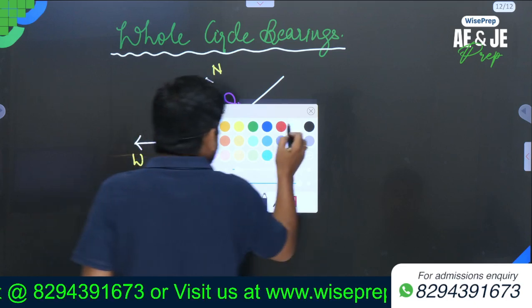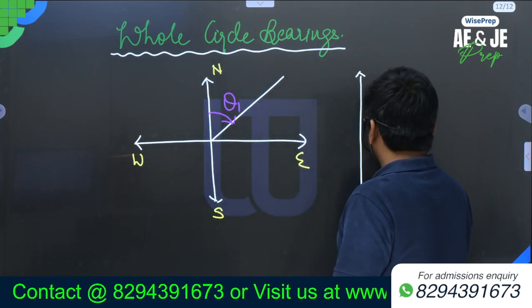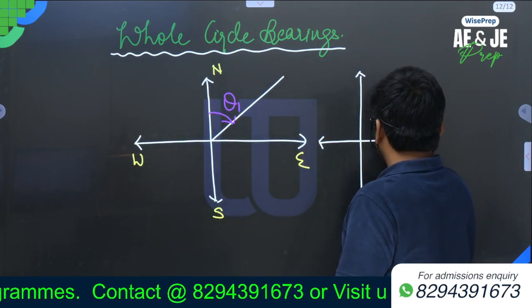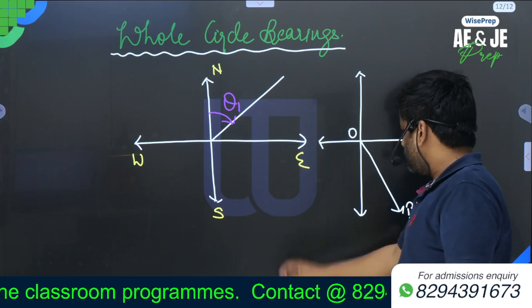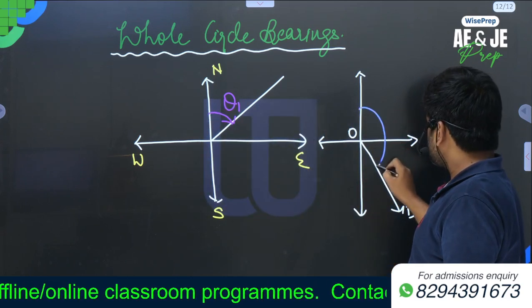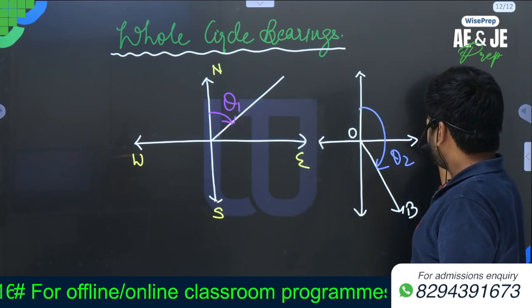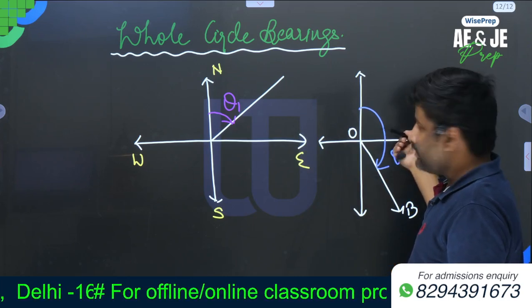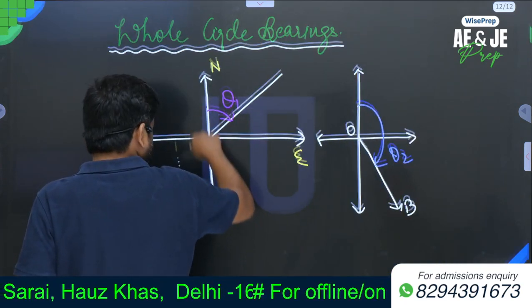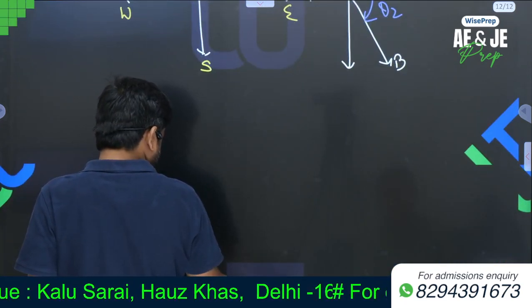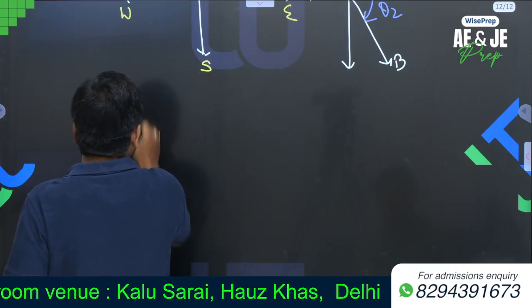This is OB, and this is theta 2. Now let's see here.